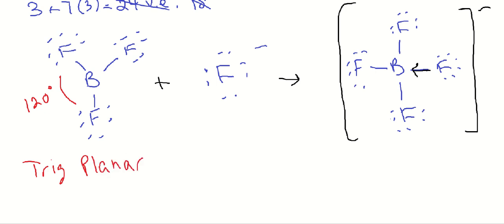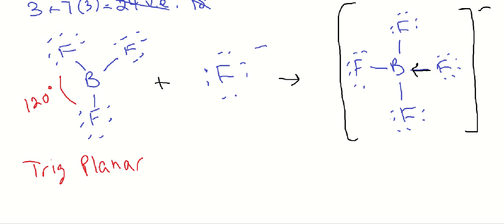Now, when you add another fluorine to that central boron, like we added here, then that's going to create more repulsion to the 3 that were already there. So you can imagine that the shape is also going to change.